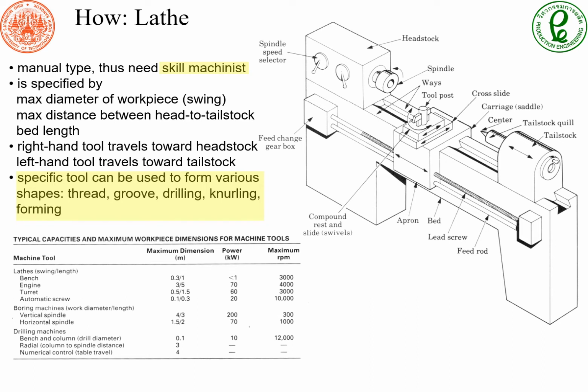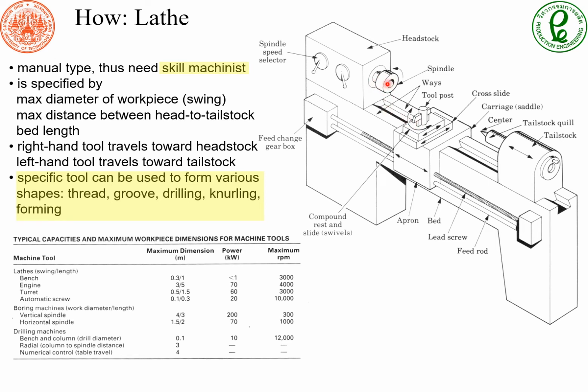The lathe is probably the first thing that most machine shops will have. Basically, it provides the turning operation. This is more of a manual machine where you have the spindle and you lock the cylindrical workpiece here, and basically the spindle rotates. The cutting tool post will move.